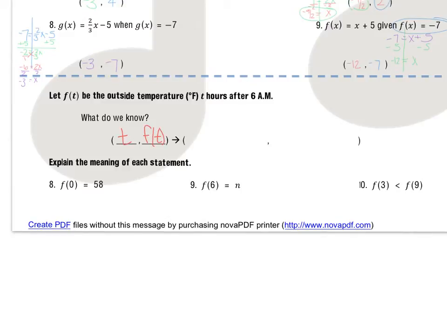So t represents our time after, that's important, after 6 a.m., and our f of t represents our temperature.